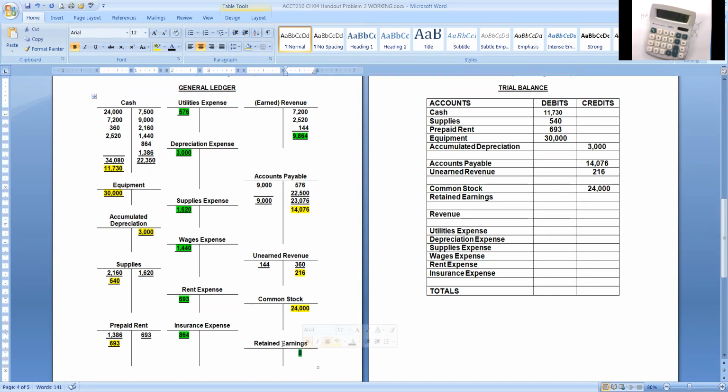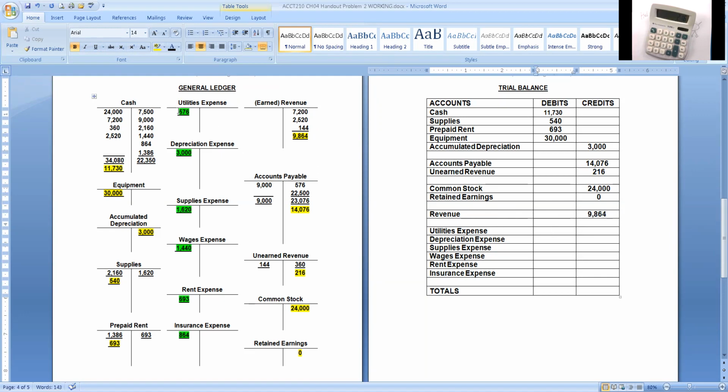Retained earnings. You don't have to put this one in. I put it in, I don't know why. Revenue is a credit for $9,864.